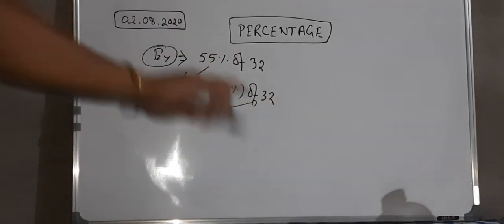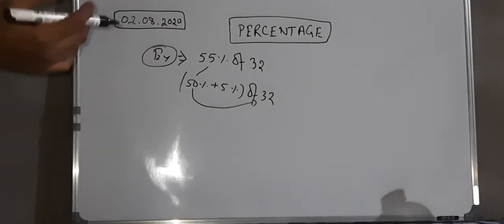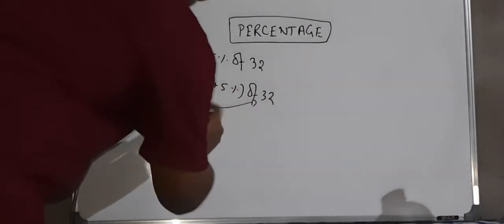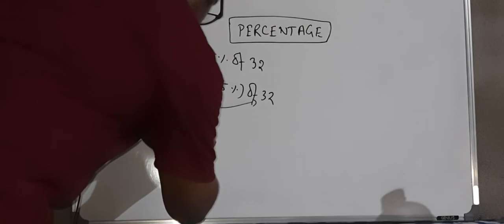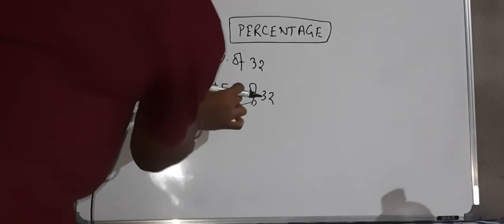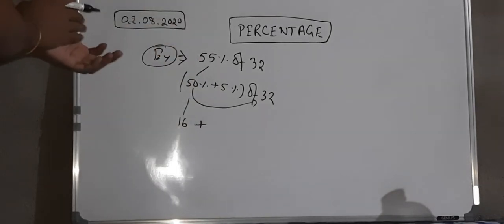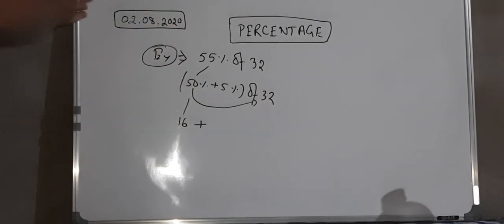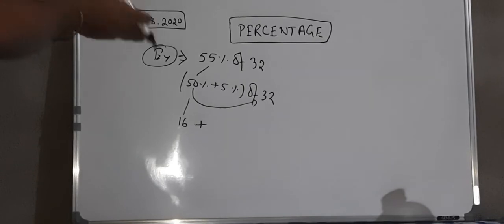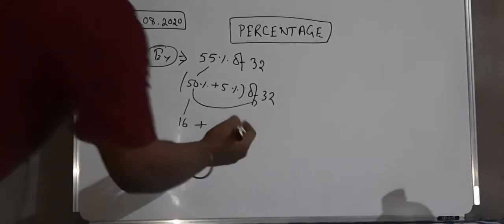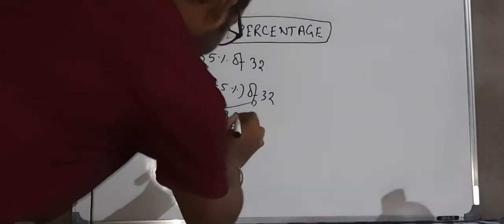Now 50% of 32: 50% is half, so 50% of 32 is half of 32, which is 16. And 5%, if you convert 5% into a fraction, will become 1 by 20. So 1 by 20 into 32, or 32 by 20.